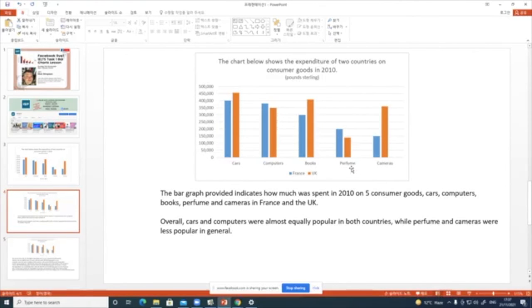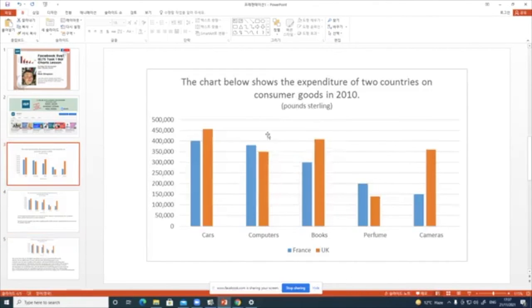What did we do? Let's recap. First thing we did, we looked at the graph, didn't we? And we looked around the graph. We looked at the title. We understood the title. Probably should have highlighted some keywords. So expenditure, 2 countries, consumer goods, 2010. Pounds sterling is also a key point we need to highlight.